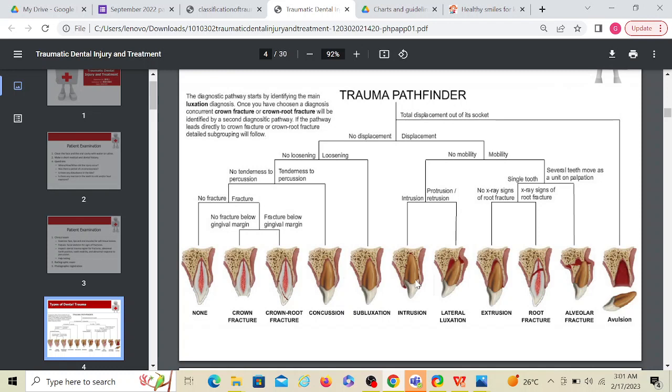But if the tooth has intruded in this direction, that means the crown of the tooth is labial. You see the crown is protruding from the lip. That means for sure the root is in this direction. Then it is impinging on the permanent tooth bud.